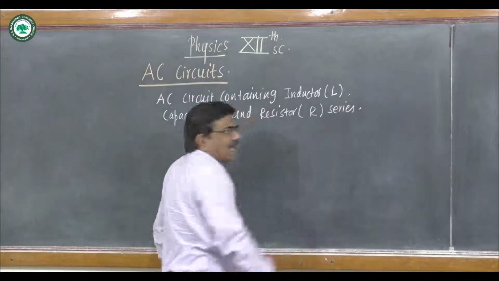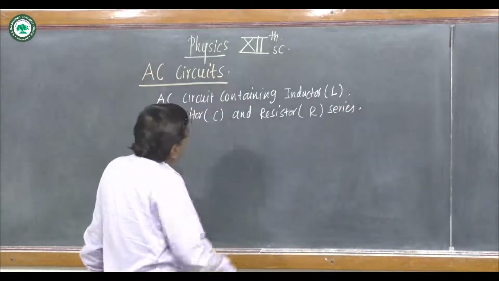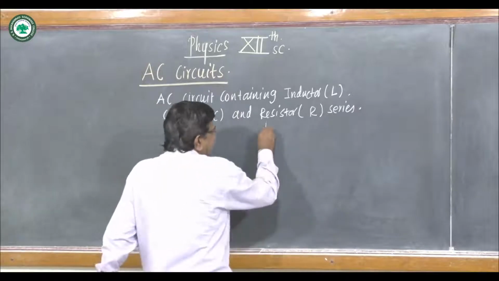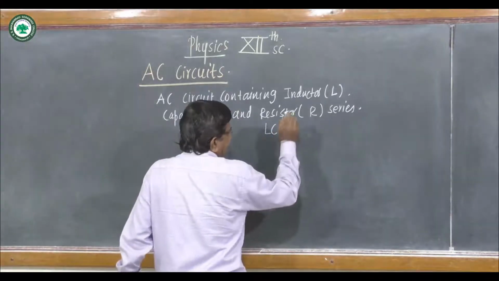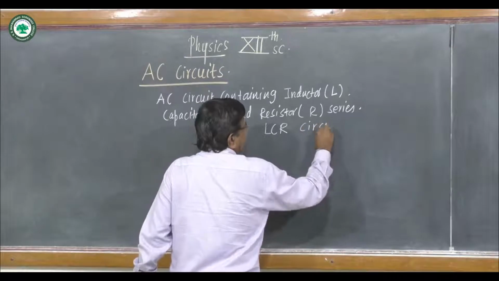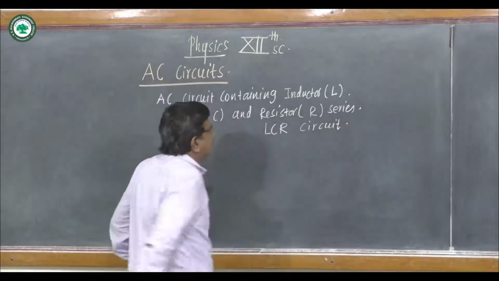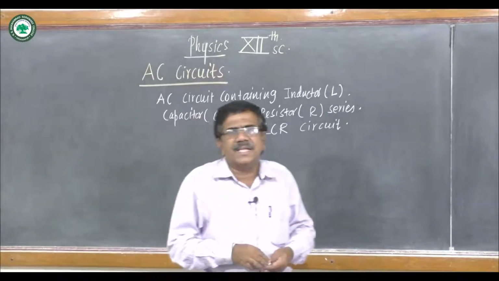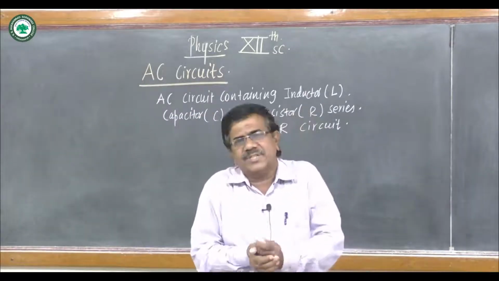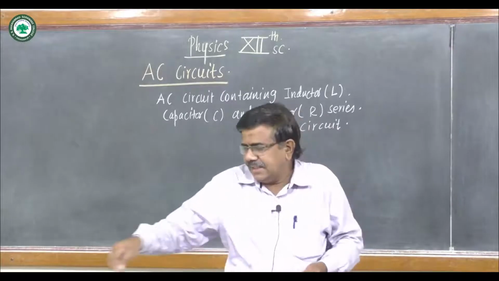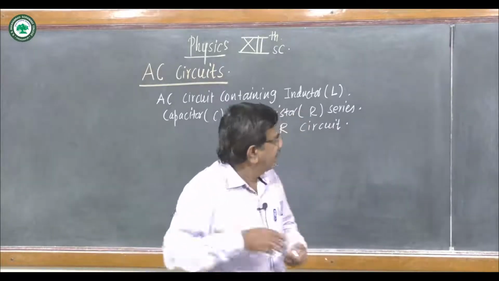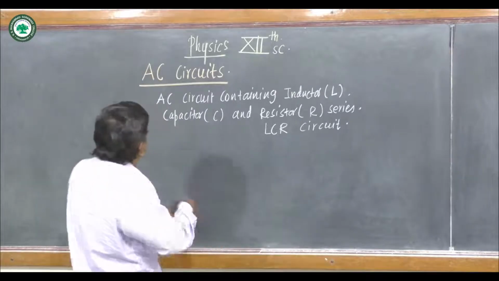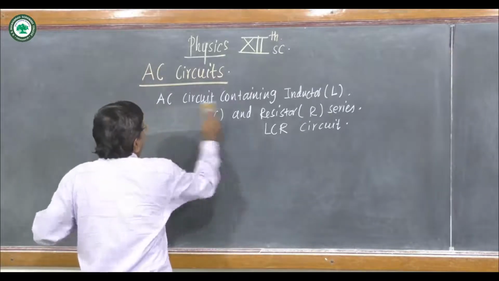If these components are connected in series, this is also called an LCR circuit, that is inductor, capacitor, resistor circuit. We study how all these components, if they are connected in series, oppose the alternating current flowing through it. Now see the circuit diagram. Firstly see the circuit diagram containing LCR in series.